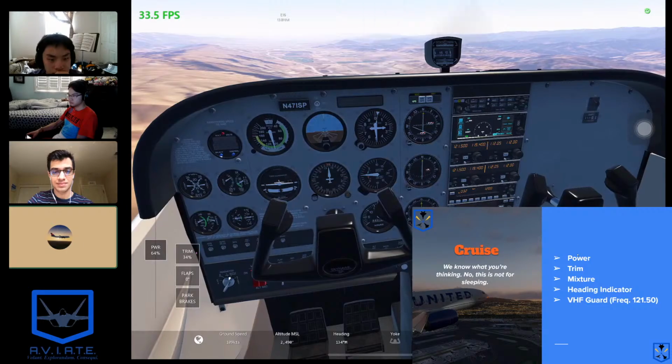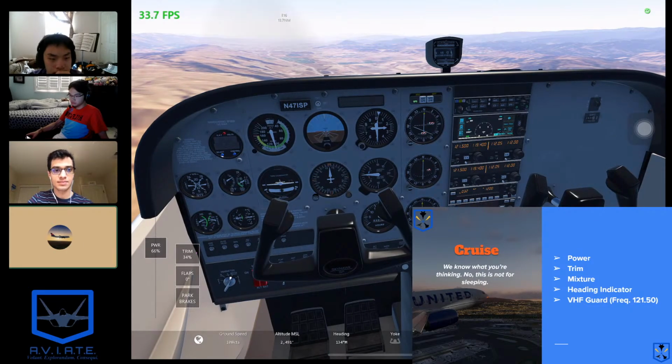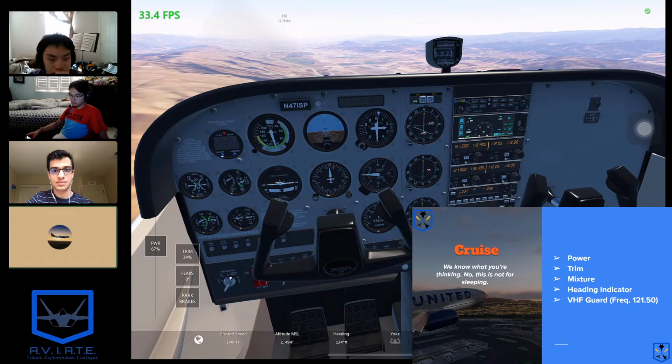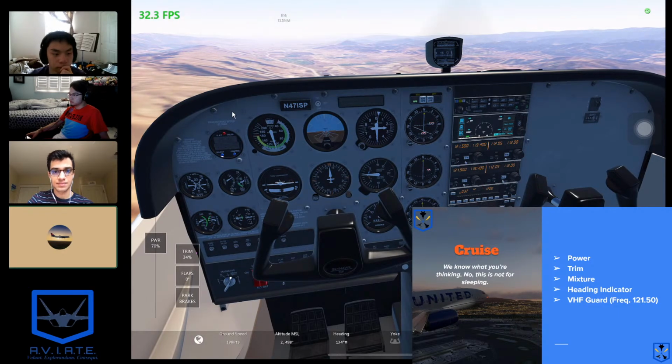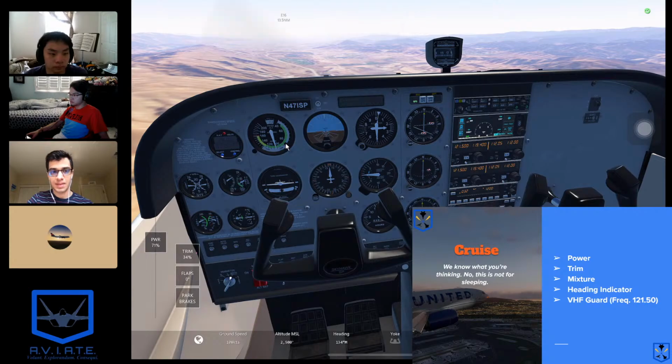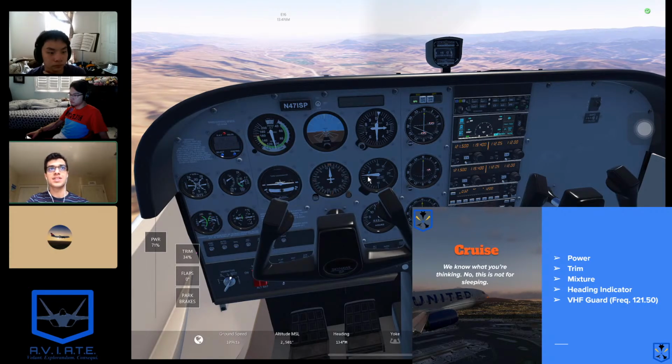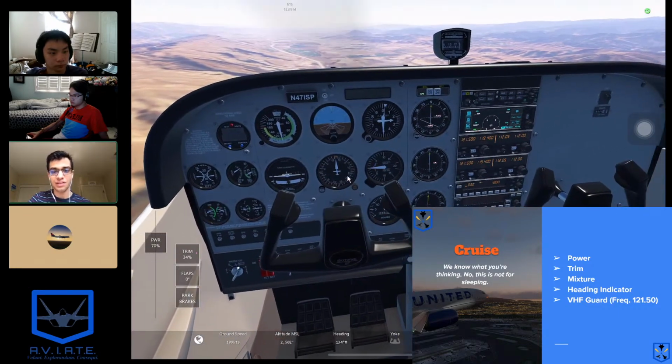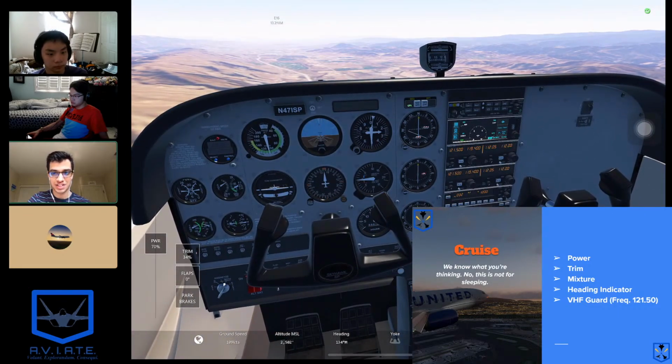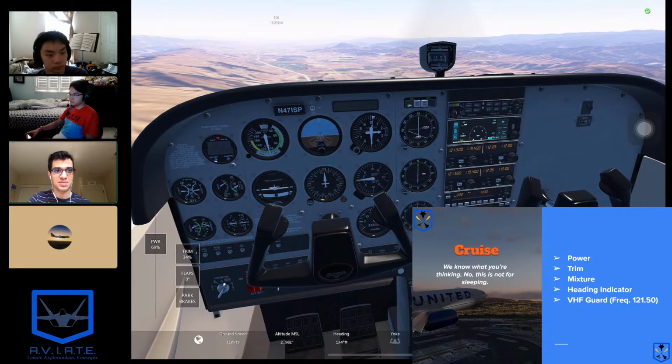You hold the yoke to level flight and then trim, and when you feel no pressure, that means the airplane is holding the flight controls in that position. Again, all of this would make more sense if you followed along at home on a flight simulator.